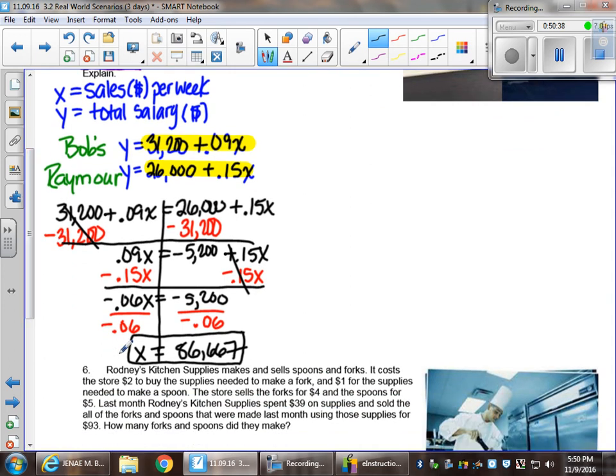So this means he needs to sell $86,667 in sales to make the same amount at both places.